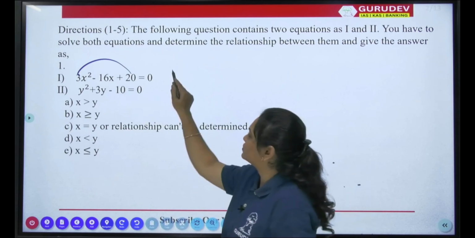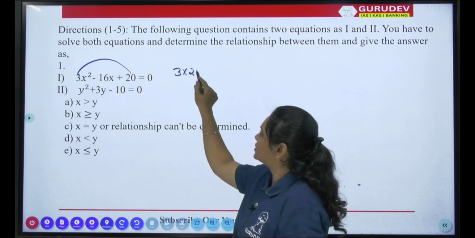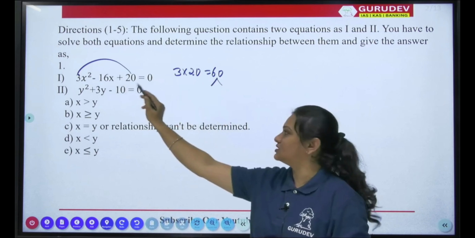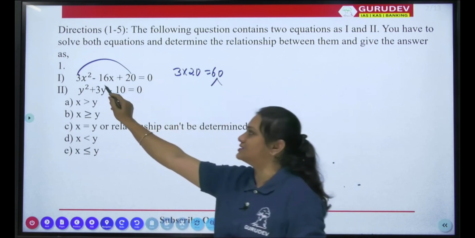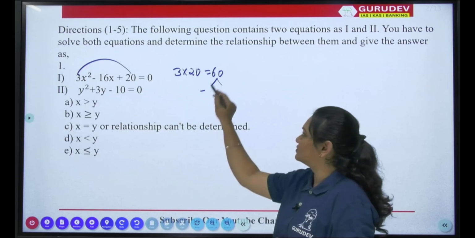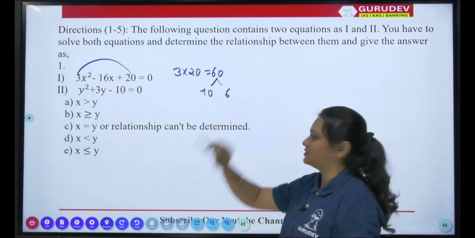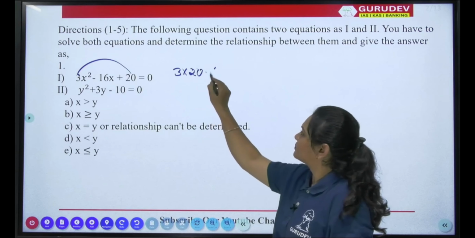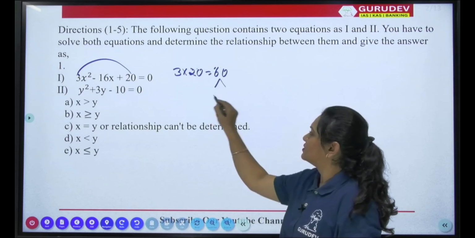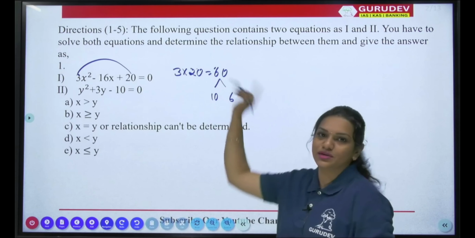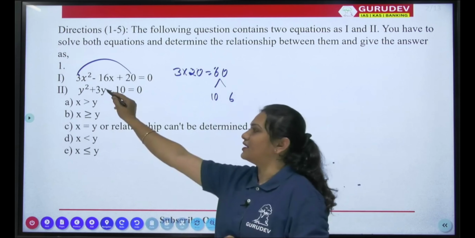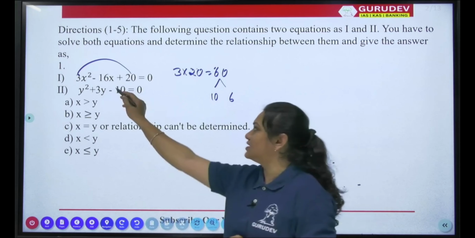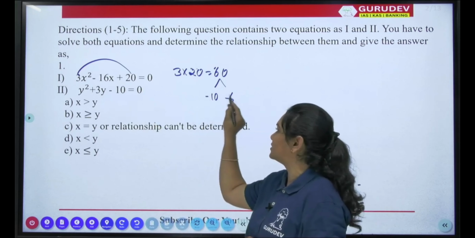Now find the roots. 3 into 20 is equal to 60. We have to take factors in such a way that we get minus 16. 10 sixes are 60, so when I multiply I get 60, and when I add I should get 16. 10 plus 6 gives 16, but it is minus 16, so it is minus 10 minus 6.